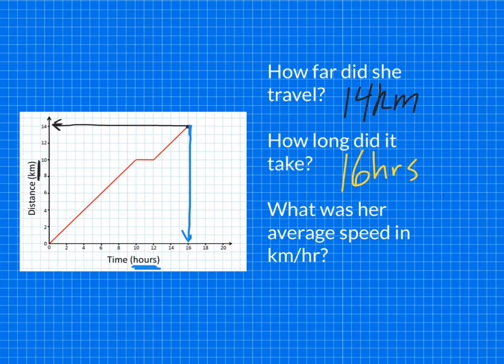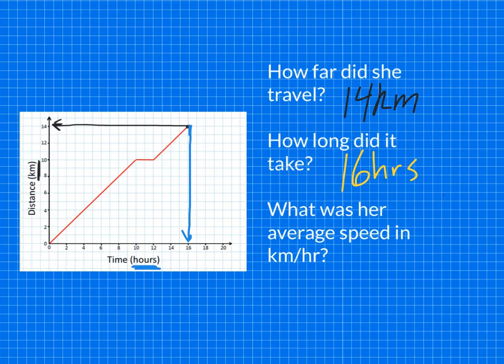So first off, we should know based on this that she did stop. Realistically, when you're finding the speed of something, it's never going the exact same speed all the time. If you're thinking about a car or your parents driving, they speed up, they slow down, they speed up, they slow down, unless they're on cruise control, and even then it still isn't perfect.